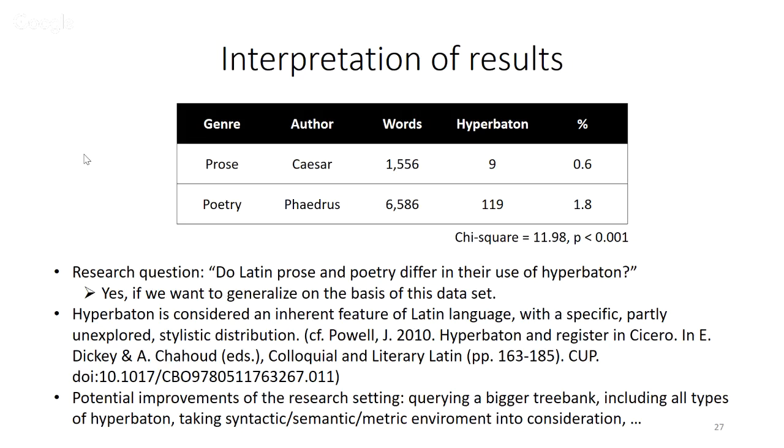We could also examine if certain genres or authors use hyperbaton differently, if the construction is more frequent with certain case forms, with a certain restricted set of lexical items, in a certain syntactic function, in direct or indirect speech, in certain metric positions, etc.